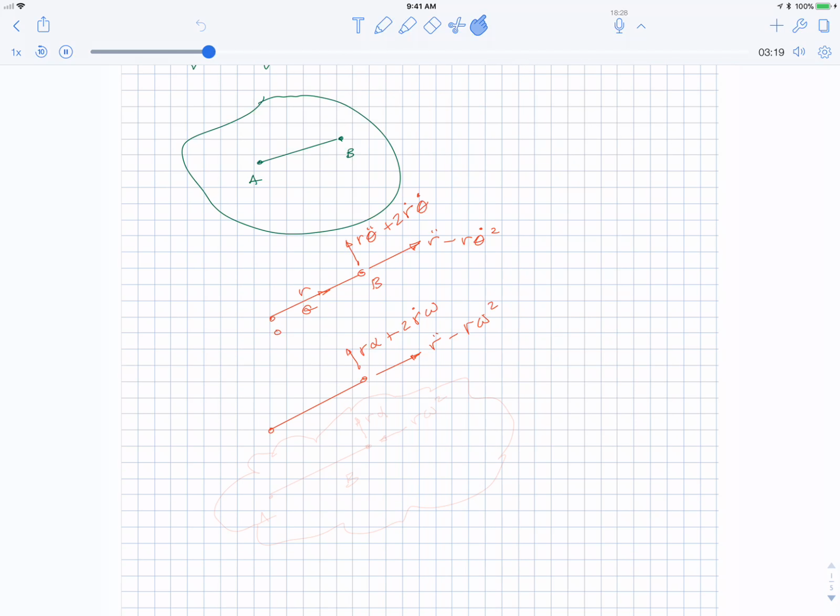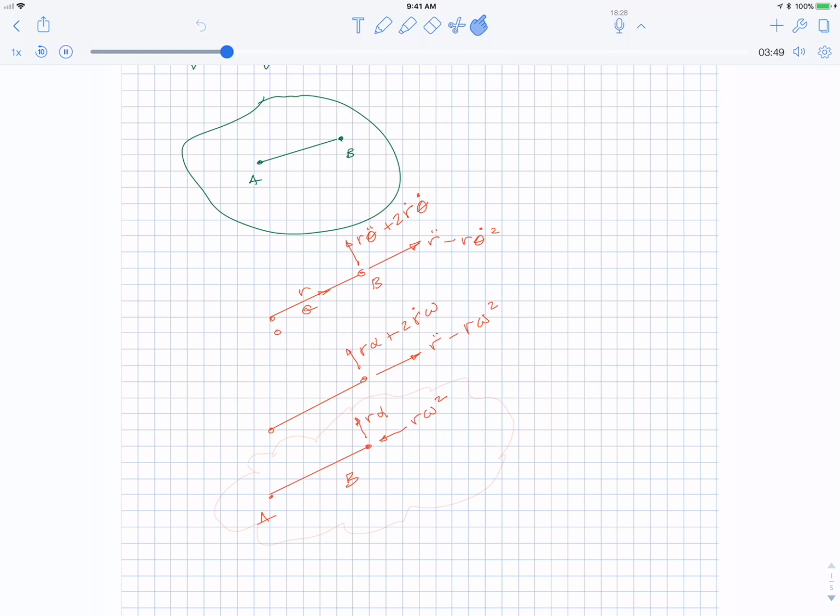Okay, now what we want to do is then do this for a rigid body. So for a rigid body, back to what we were doing, A and B, okay? A and B are not getting any closer together, which means that R dot is 0 and R double dot is 0. So that means this one here is just R alpha, and this one here is just minus R omega squared, but I'm going to draw it in the correct sense, going in, and I'm going to do R omega squared.